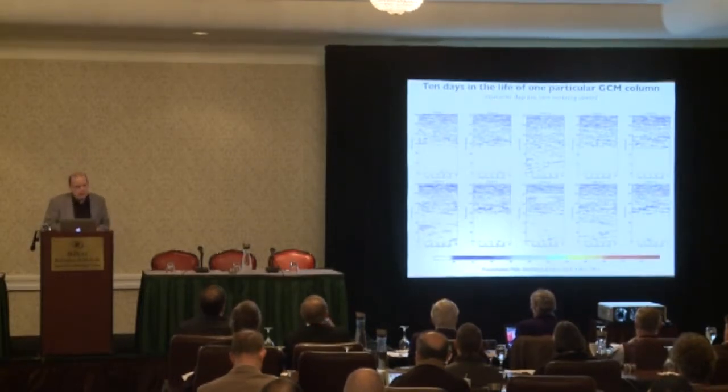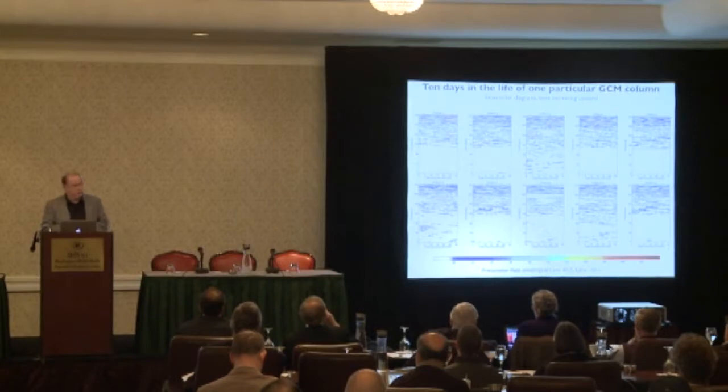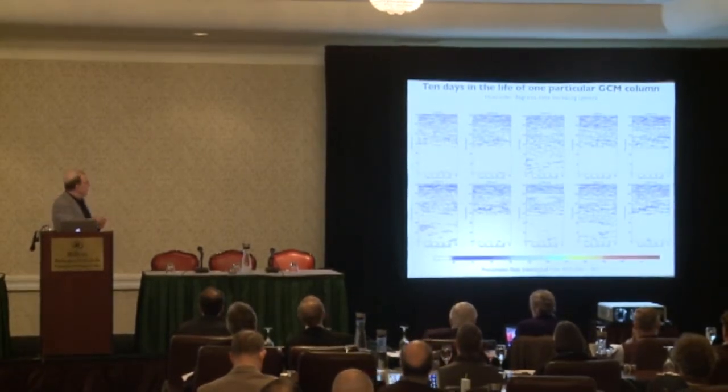So just as an illustration, here's 10 days in the life of one particular GCM grid column. These are Hovmöllers. Time is increasing up, and this is distance across the cloud resolving model, 32 columns. So 10 different CRMs, all in the same weather regime. Remember, they were cold started.